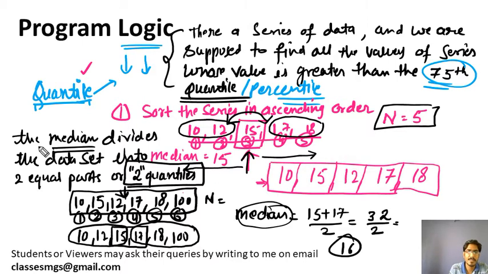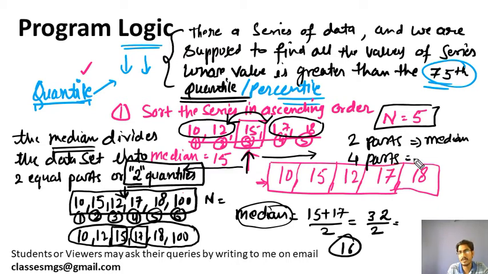So you can remember three things. If you are dividing into two equal parts, then this is known as the median. If you are dividing into four equal parts, then this is known as quartiles.